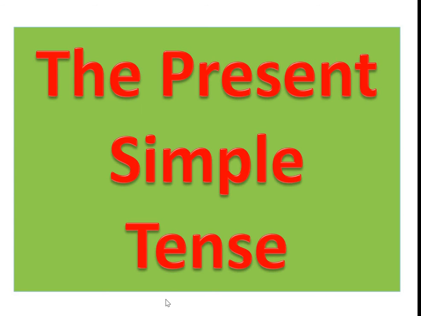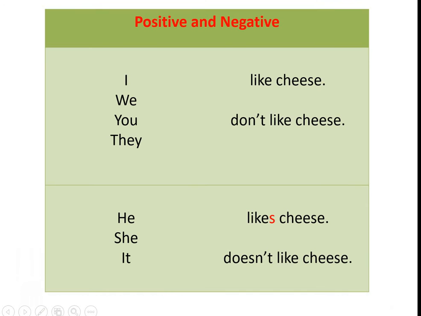So if we want to form the simple present, we will start with the positive and negative sentences. First of all, if we want to make a positive sentence, which means an affirmative sentence, you have to use the verb one.